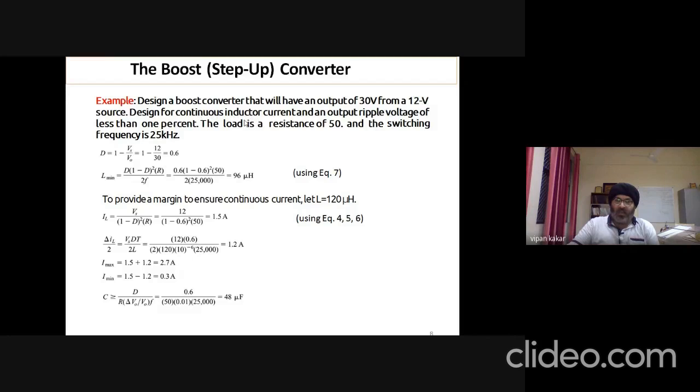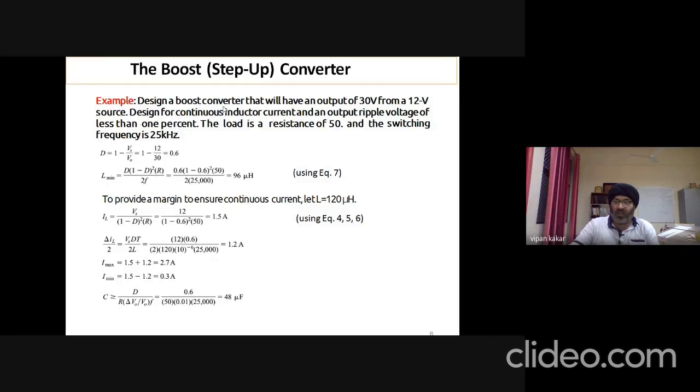In this particular example, I've tried to show almost every detail that you have to ensure while designing this boost converter so that it is running in continuous current conduction mode. By using this inductor value, we can see that the minimum value is still above 0 amperes. So this condition is okay.